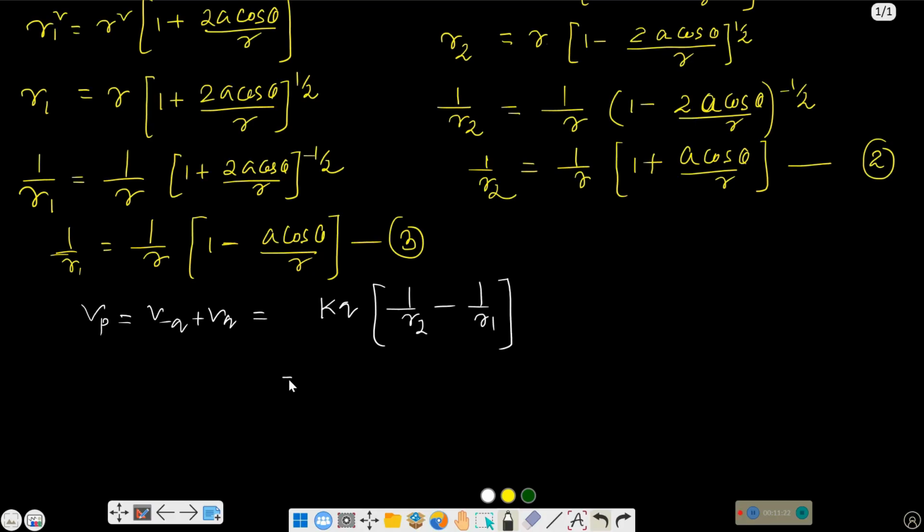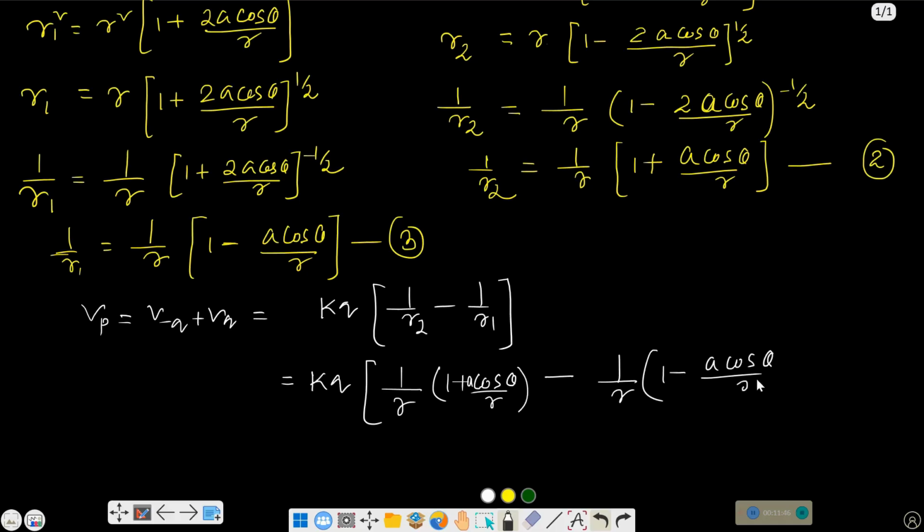Okay, and 1 by r2 value is 1 by r into 1 plus a cos theta by r, minus 1 by r into 1 minus a cos theta by r.